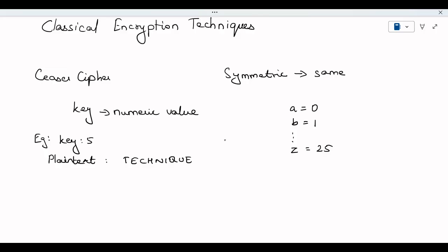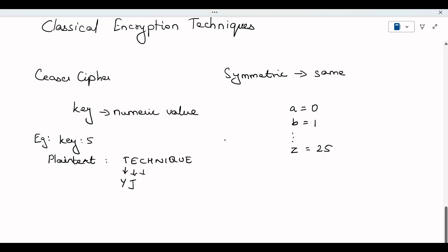So T: U, V, W, X, Y. T will be substituted as Y. E: F, G, H, I, J. E will be substituted as J.